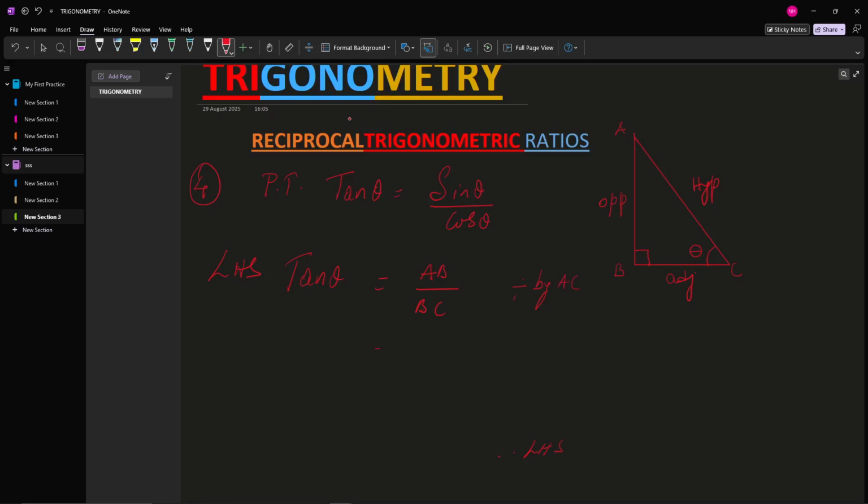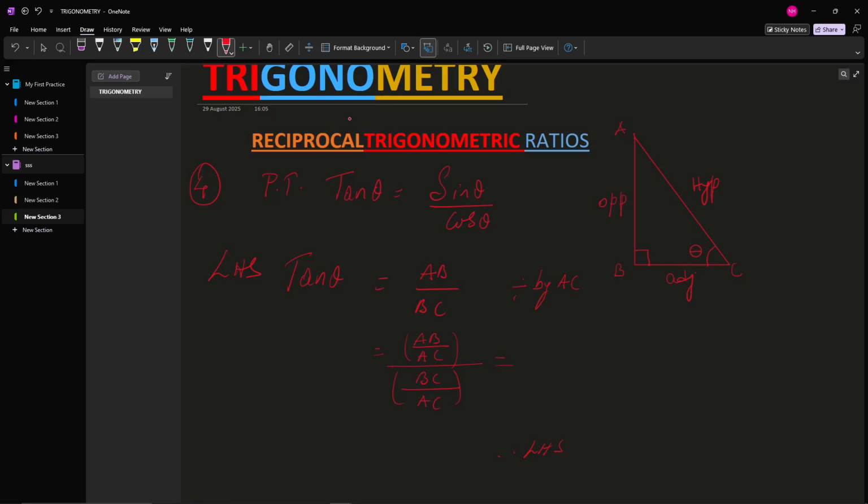Whatever change is done has to be done to both numerator and denominator. So the numerator will be AB by AC, and the denominator will also be divided, that means BC by AC. So both numerator and denominator are divided by AC.